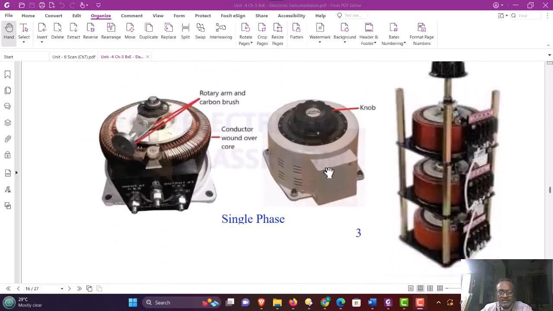A typical construction in 3D is shown here.